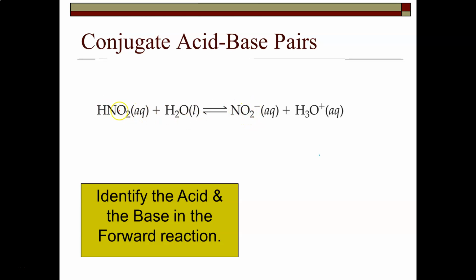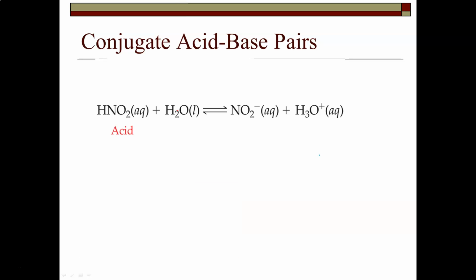That means HNO2 lost that hydrogen. Where did it go? It donated it to H2O, because now we've created H3O plus. So HNO2 is our proton donor. H2O is our proton acceptor. That defines the acid and base for us.